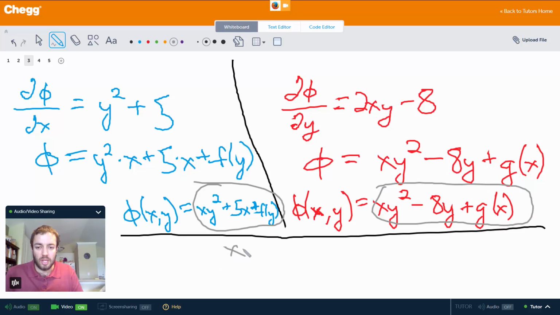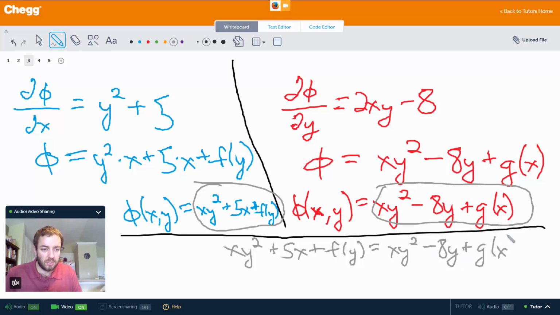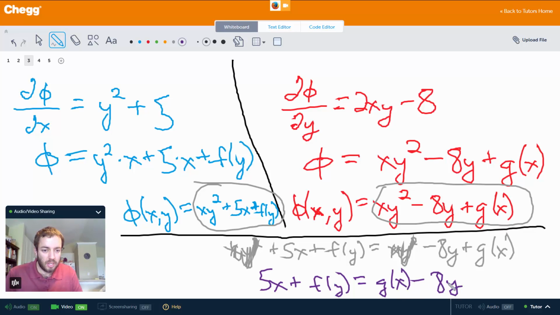In other words, xy squared plus 5x plus f of y equals xy squared minus 8y plus g of x. Notice we have an xy squared in common on both sides, so we can subtract that from both sides. That leaves us with 5x plus f of y equals g of x minus 8y.